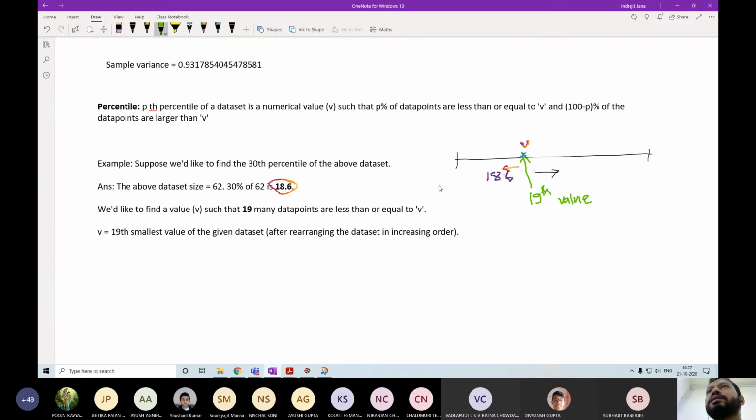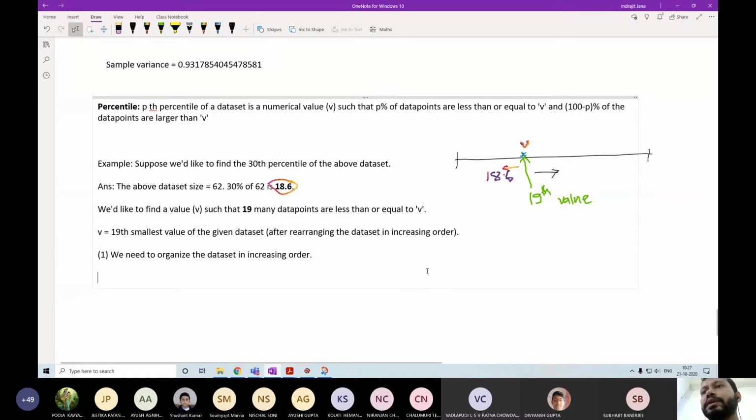Okay, so to do this, the first step is we need to organize the data set in increasing order.